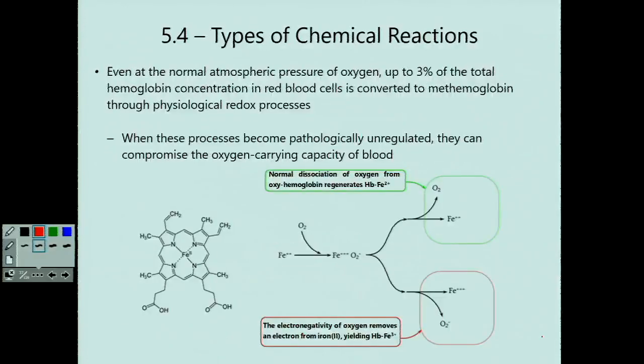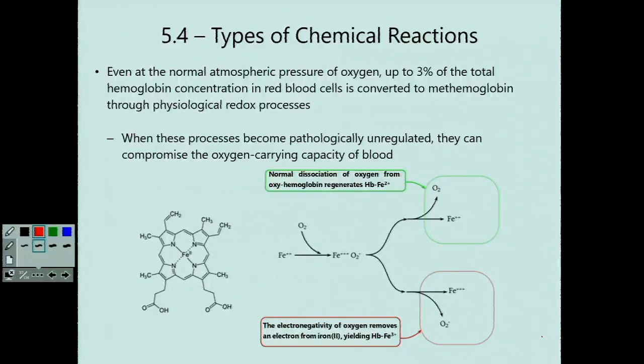So, even at normal atmospheric pressure, any one of us in this room, about 3% of our total hemoglobin concentration is in fact existing in the form of methemoglobin.